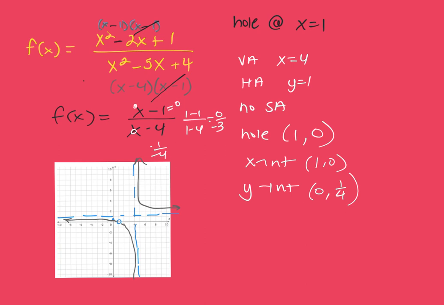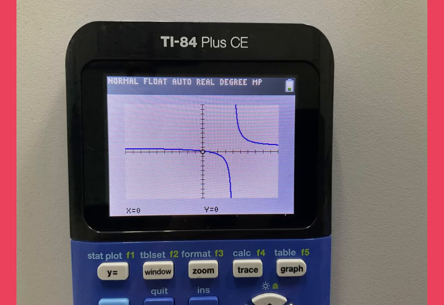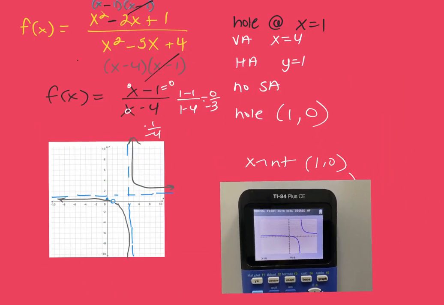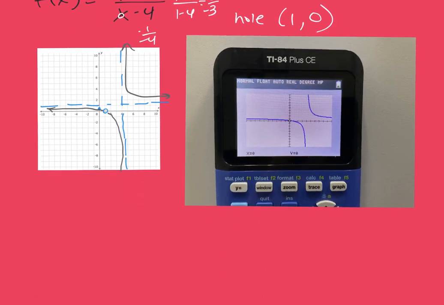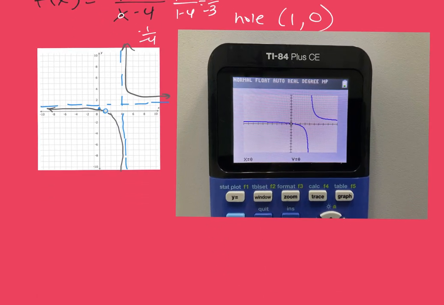Hang on. So it matches what we drew. And remember, it's not going to show the hole. So you have to have that hole drawn on your quiz, and you have to give me the coordinates of the hole.